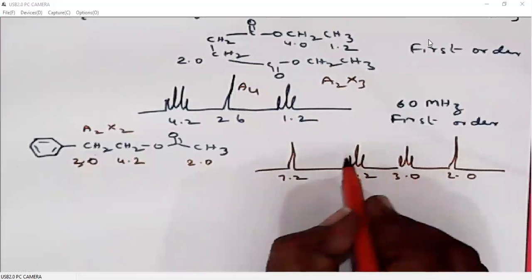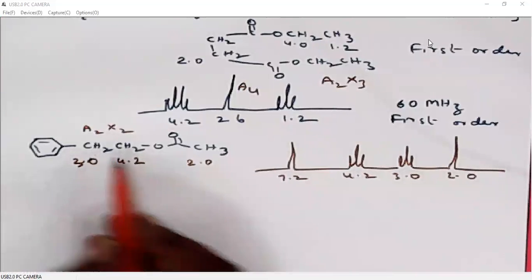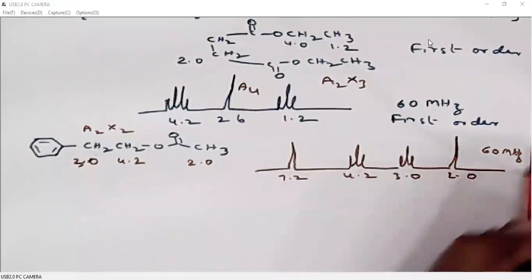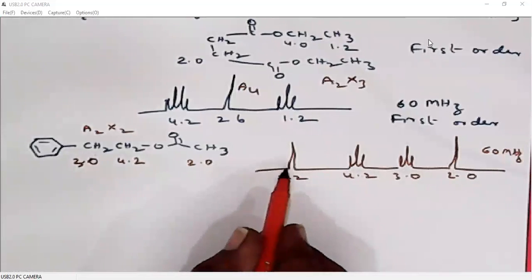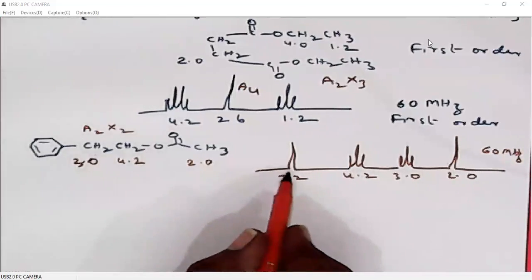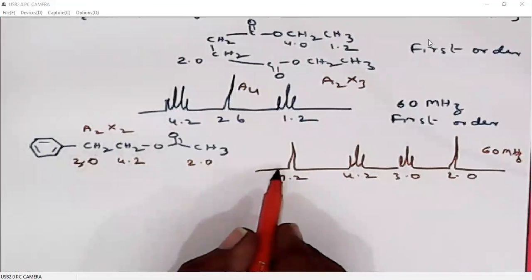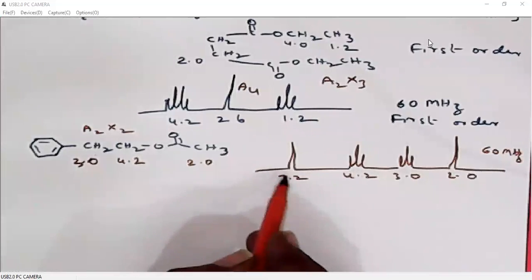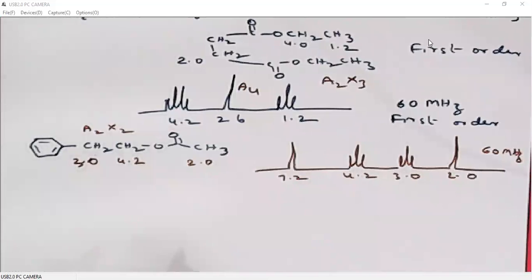That means A2X2 is first order at 60 megahertz, but the phenyl group is second order at 60 megahertz. If we want first order for the phenyl group, we need to go for high resolution NMR. Then we can clearly observe a doublet and 2 triplets.